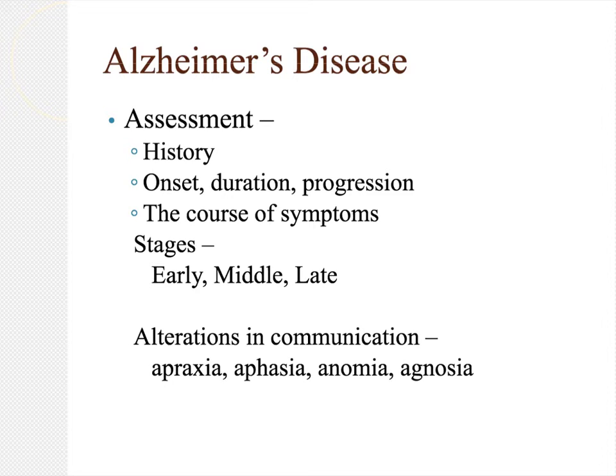But basically, if the patient meets all the criteria as far as early, middle, and late stages of Alzheimer's, they will go ahead and diagnose them with that. But it isn't until the patient is deceased and we do an autopsy that we can really see specific proof that that's what it is, specific data.